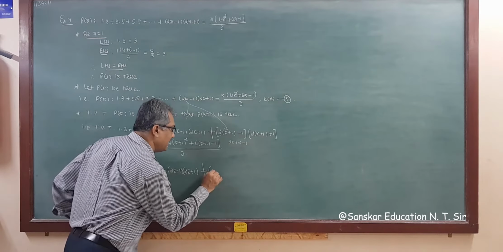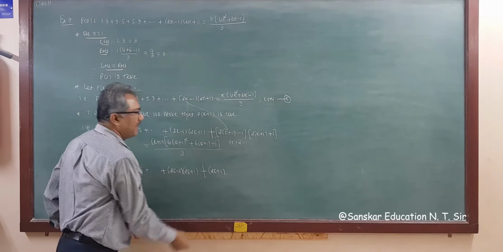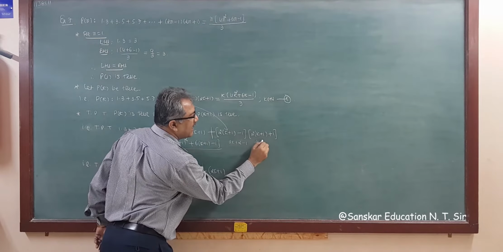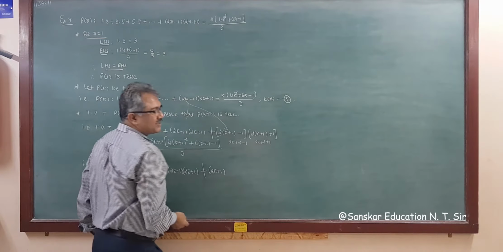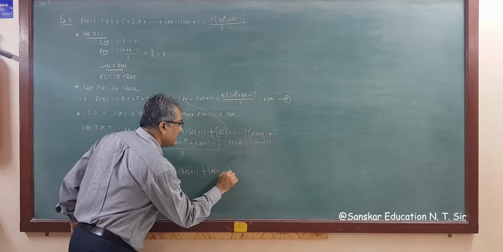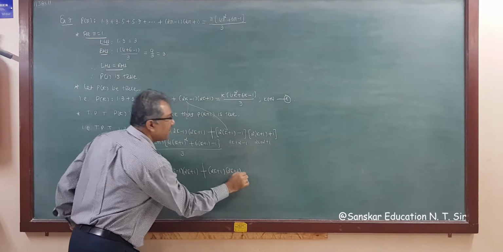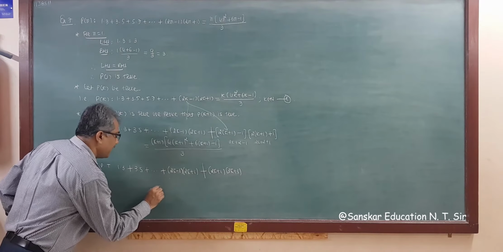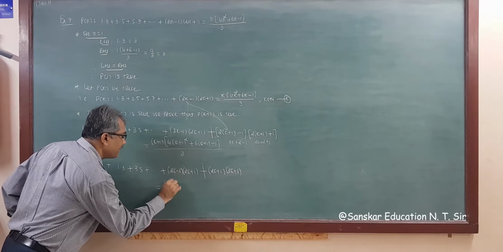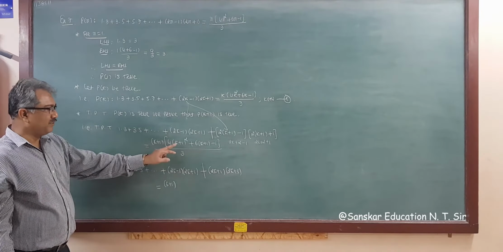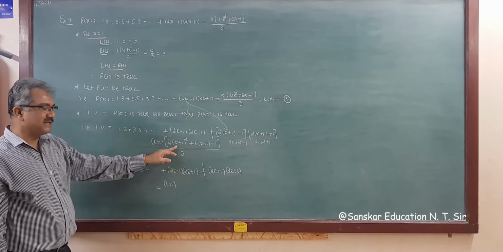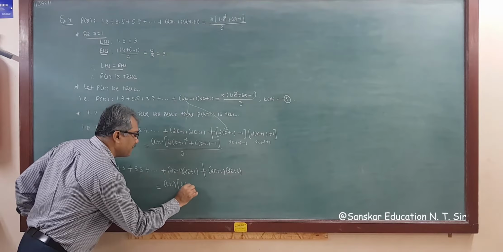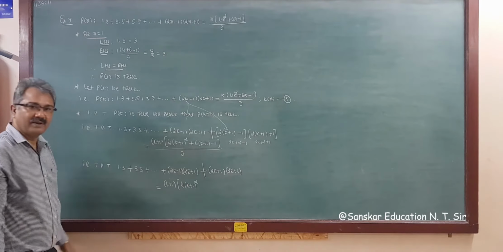And this is 2k plus 2 plus 1, so the answer is 2k plus 3. Right, is equal to k plus 1 as it is, now this is 4 times (k plus 1) whole square.